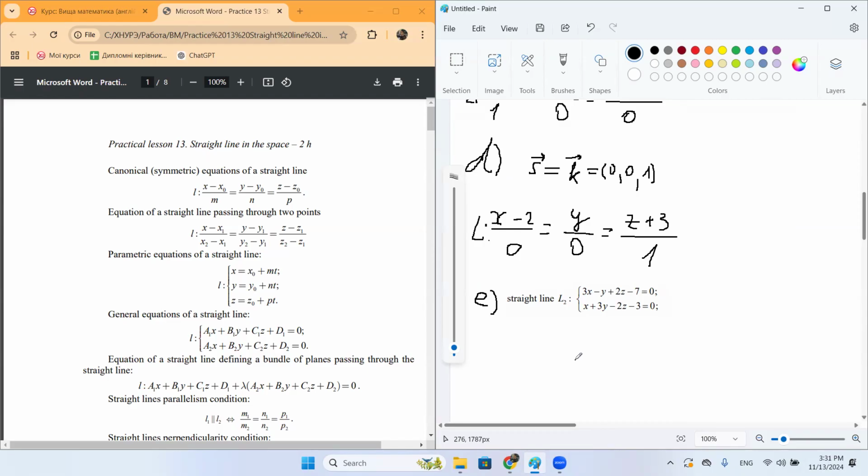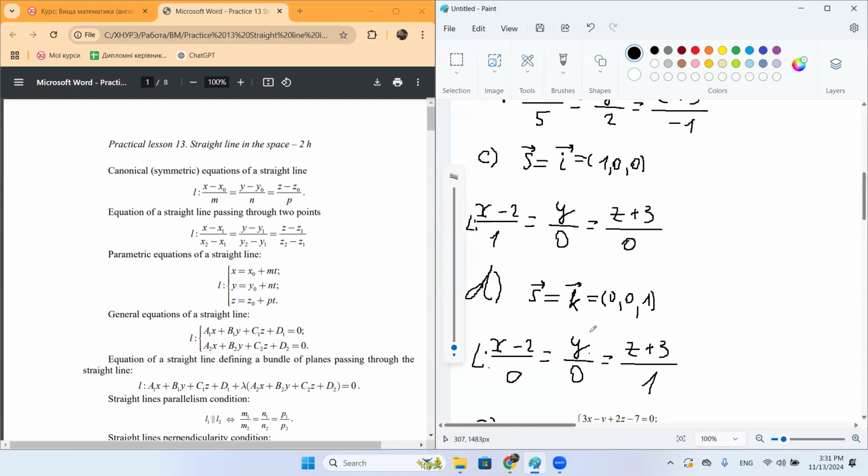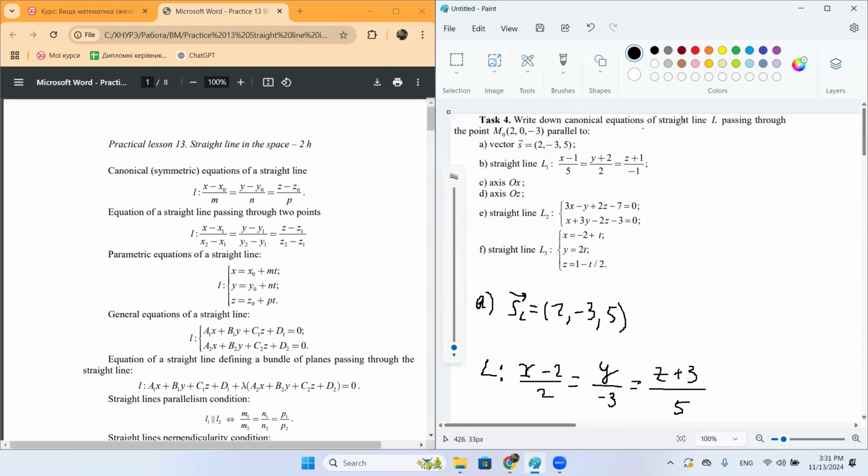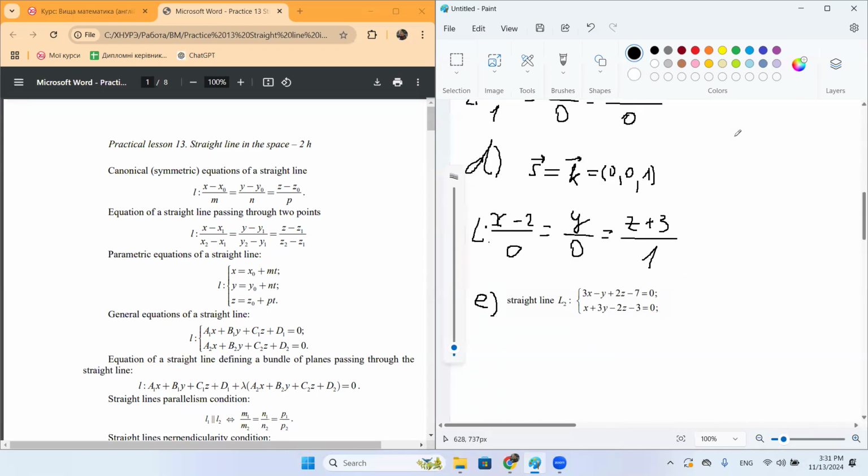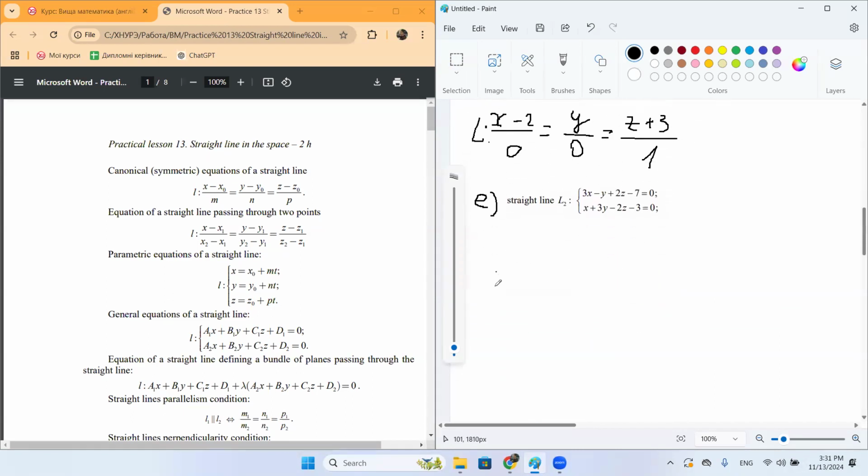Daniel? I think we need to set one coordinate to 0. Like in the previous task, we set x to 0. No, we don't need it because we already have a point M that belongs to straight line L, but we need to find the direction vector. And how to find it?